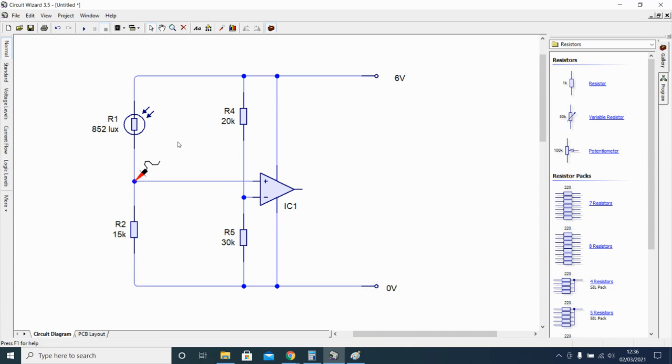So we got 3.6 volts in there, 3.6 volts in there, and when we got light shining on it, we have a value of a 10K or 9.6K LDR at that point.